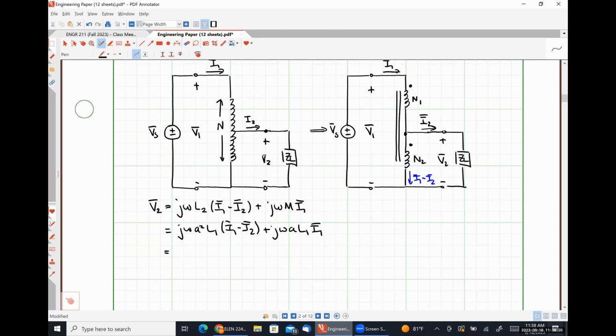And so if I factor out j omega A L1, what I'm left with, in square brackets, is I1 plus A times I1 minus I2. Are we okay with this? Anybody have any questions, comments, or concerns?